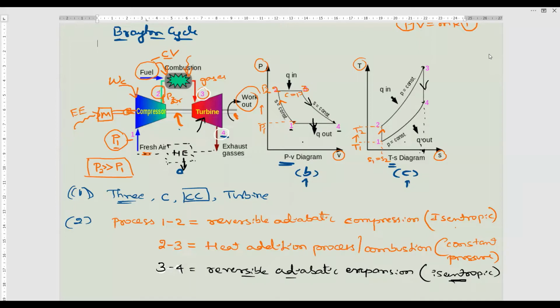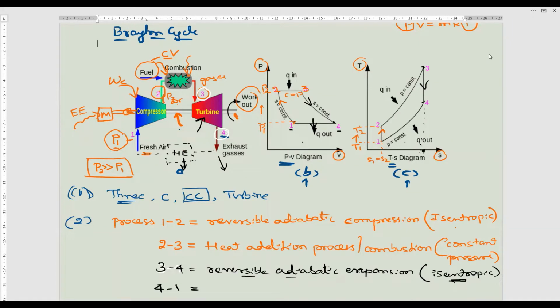But in real industry, there will not be any such device because these gases are going to the atmosphere. In the atmosphere means constant pressure. If it is at 1 bar, it may be 2 bar, depending upon the type of engine and the type of cycle. So there are four processes. Let me add the last one.